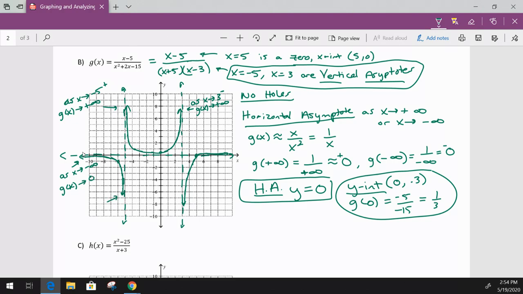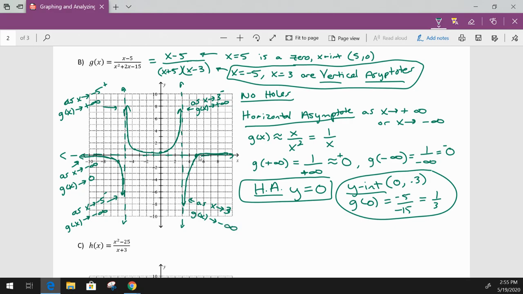On this end, as x is approaching -5 from the left, so we put a little negative up there, g of x is approaching -infinity, because g of x is the y values. They're going down, getting smaller and smaller. This branch, as x is getting closer and closer to 3, g of x is going to -infinity, so it's just getting smaller and smaller.